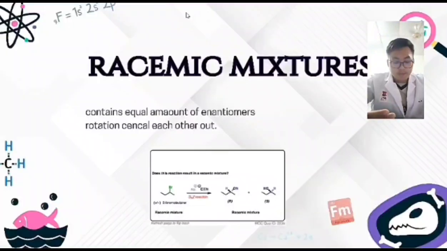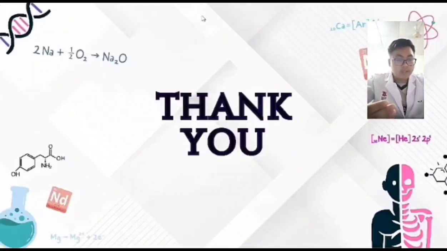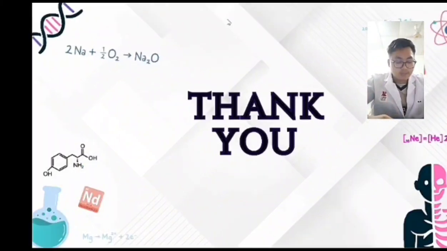Okay, last is a racemic mixture, which is an equal amount of each enantiomer, resulting in zero optical activity as the rotations cancel each other out. Okay, that's all. Thank you.